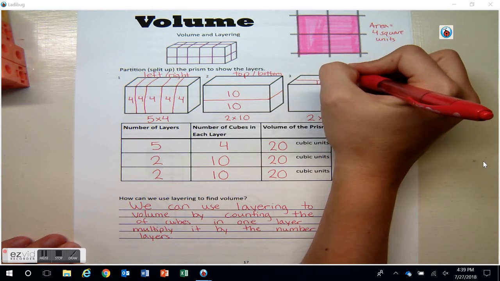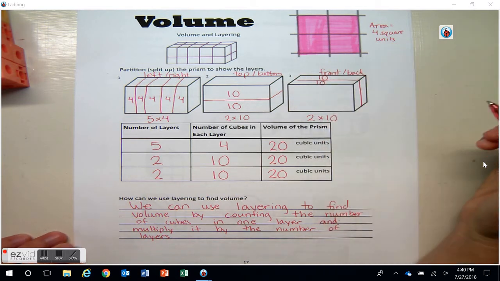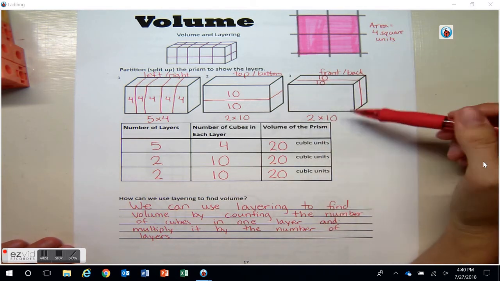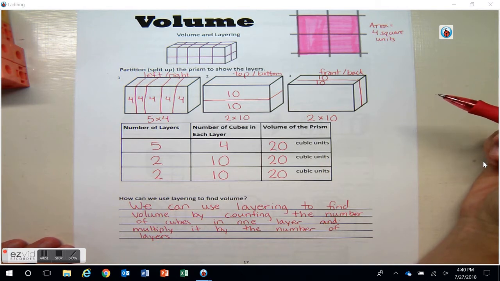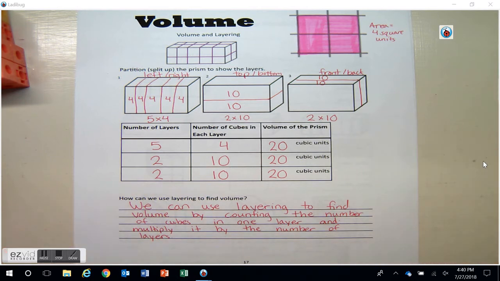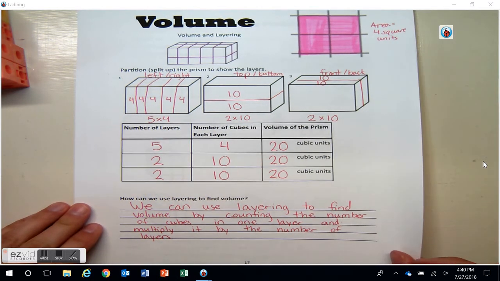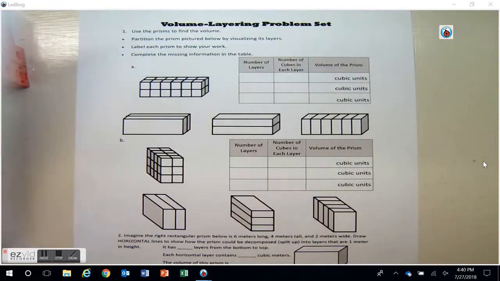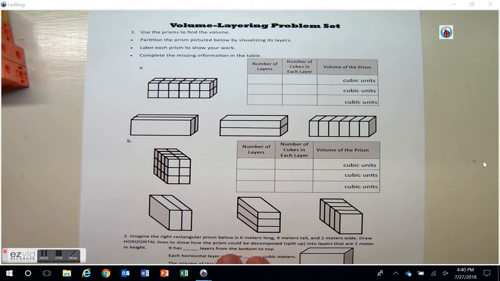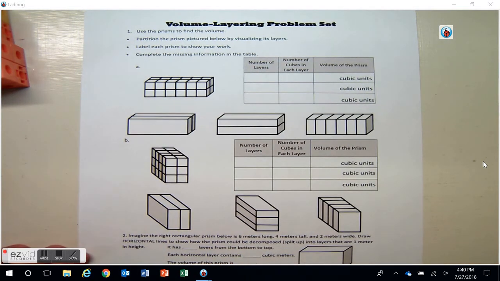And here we're going from front to back. All are definitely okay ways to partition or split up this shape, so we can easily figure out its volume by using its layers. If you need additional help on the problem set, please continue watching this video. Otherwise, you can stop it and work on your problem set on your own.